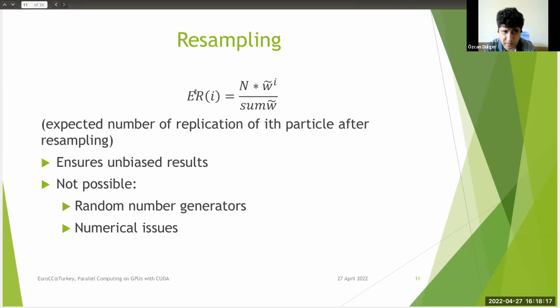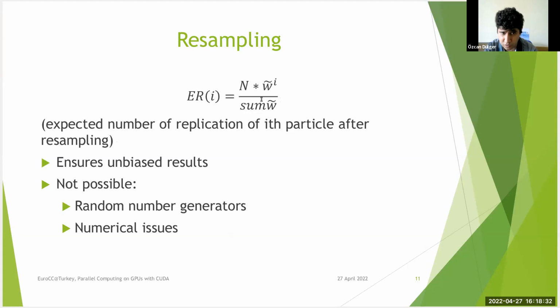With resampling algorithms, we are trying to achieve these values. Achieving these values perfectly ensures an unbiased result, but it is not possible in practice because of random number generators and some numerical issues.